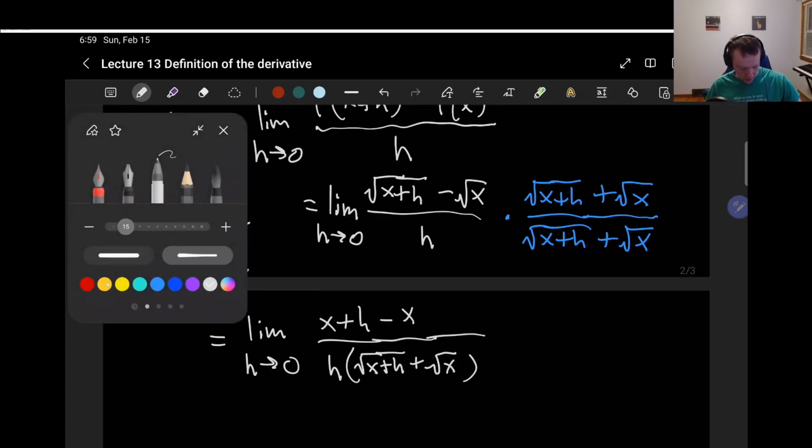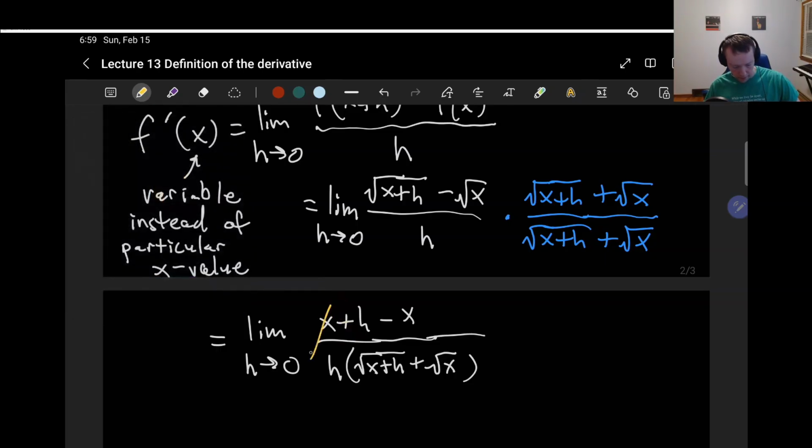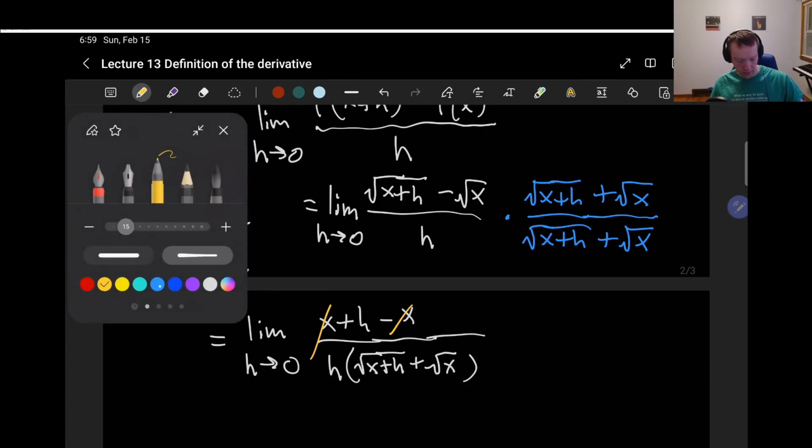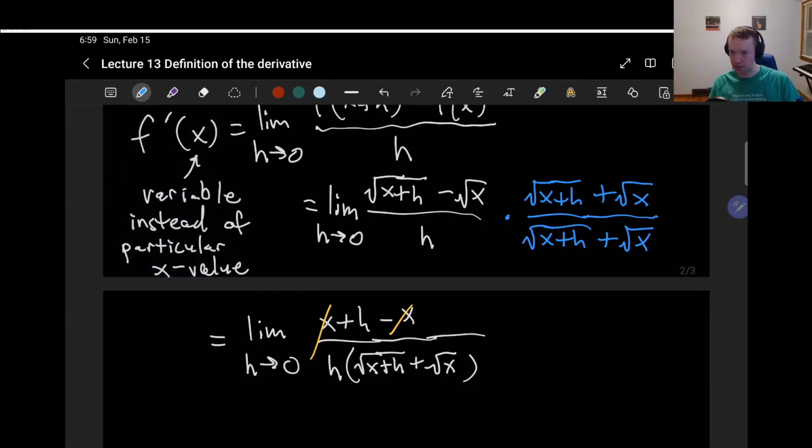So notice up top, we have a plus x and a minus x. Which leaves us with just an h in the numerator. Cancels with that h.